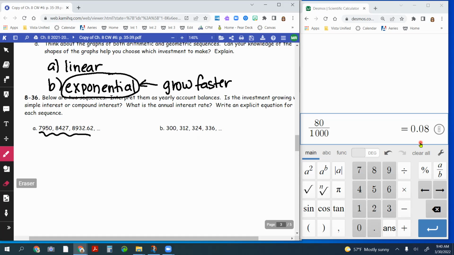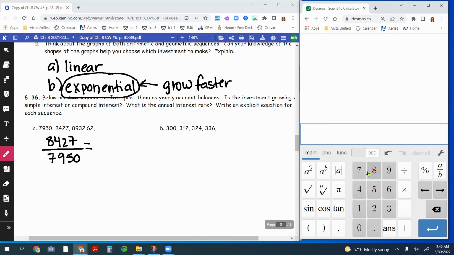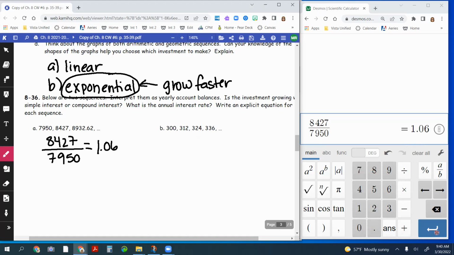So what I'm going to do is take my 8,427, my second term, divide it by 7,950 to see what we get. 8,427 divided by 7,950 gives us 1.06. So that means that it's 6% compound interest.